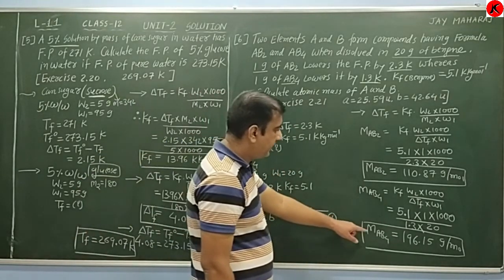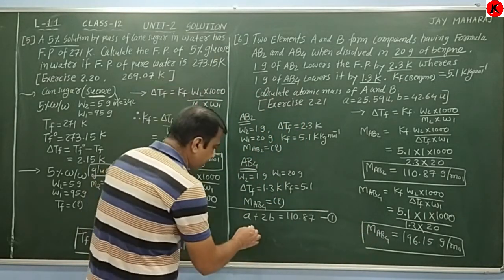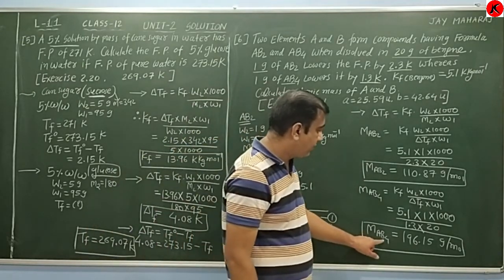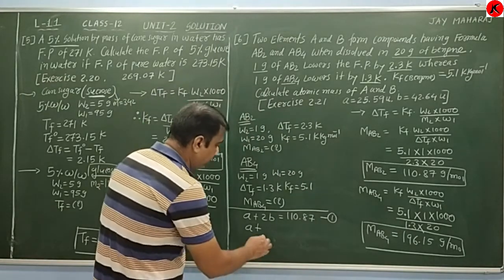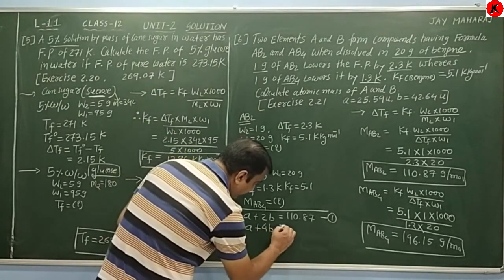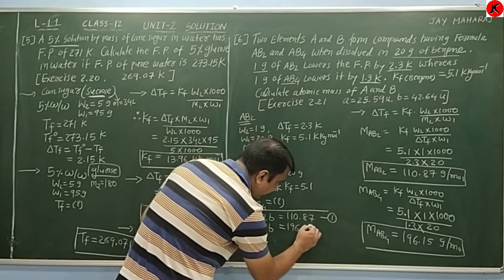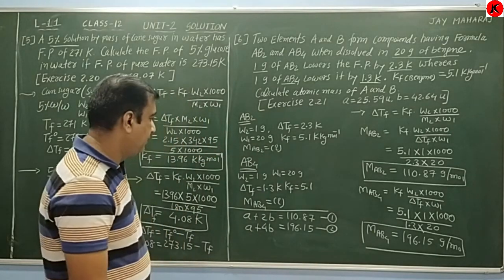Now again, for the AB4 compound, the atoms of the elements are a plus 4b equal to 196.15, equation number 2.